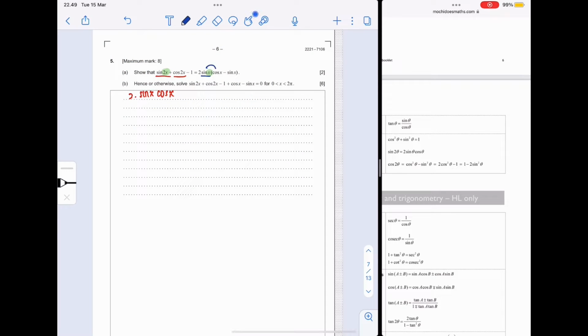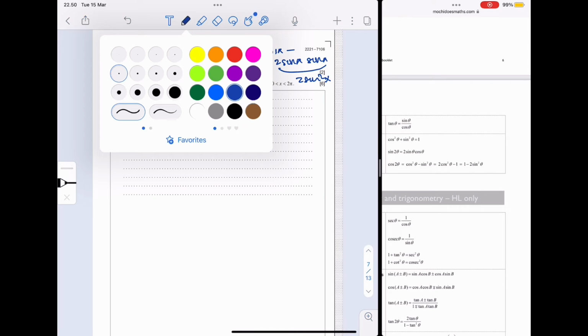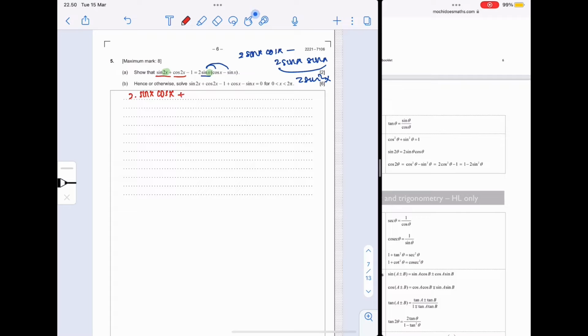If you imagine doing the multiplication, you'll find 2 sine x cos x minus 2 sine x sine x, or 2 sine square x, right? So use the one with 2 sine square x. I'll replace the cos 2x with 1 minus 2 sine square x. And minus 1, I just copy it, okay?